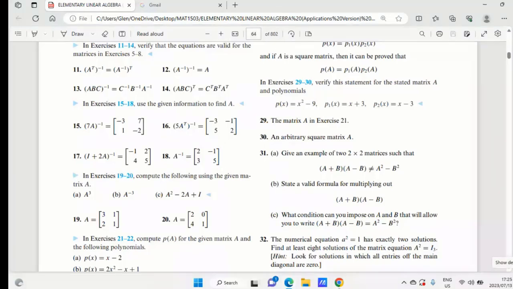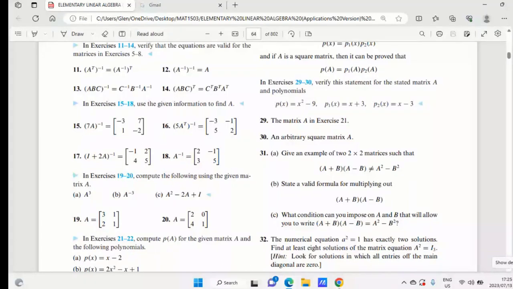And then after that, to the right hand side, is it right? To the left hand side, I got identity plus 2a is equals to a matrix of -1, 2, 4, and 5 to the power -1.